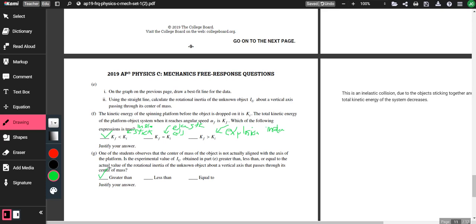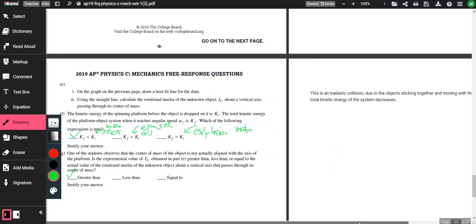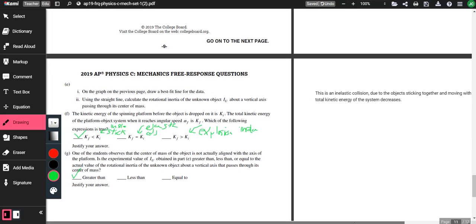Now, there's a few different ways of doing this, but this is something that I believe we mentioned in AP1. It's called the parallel axis theorem.